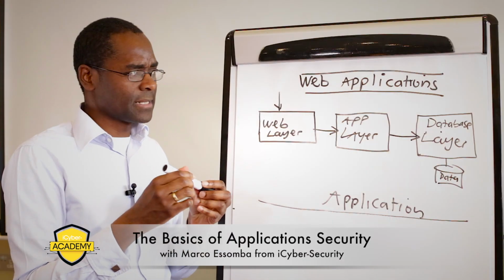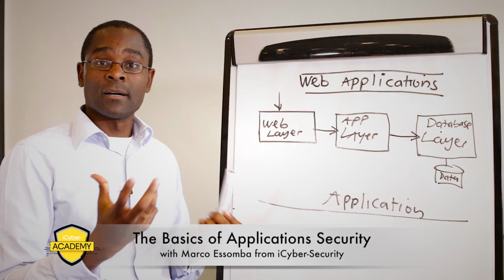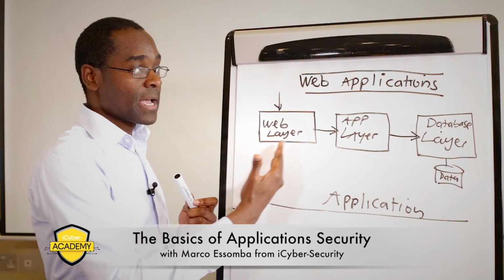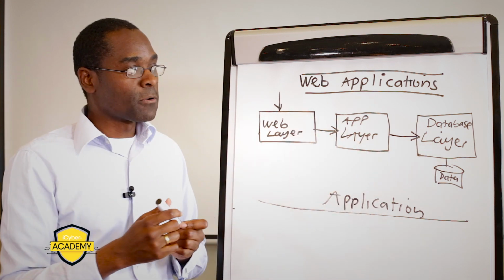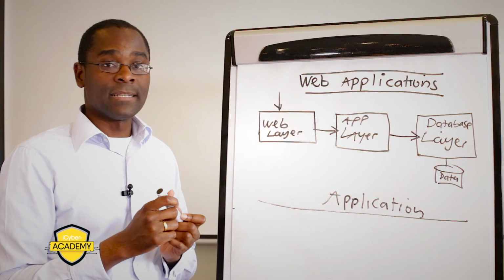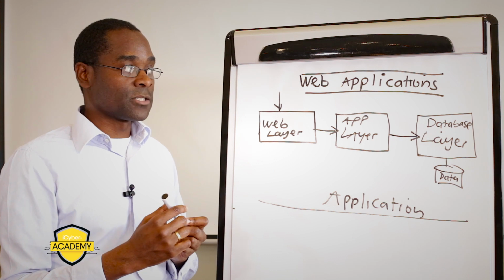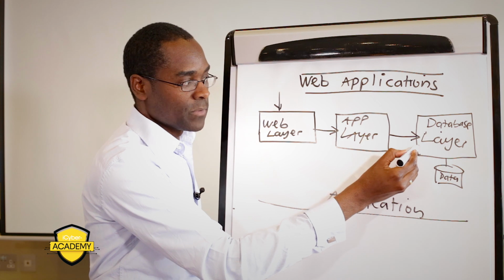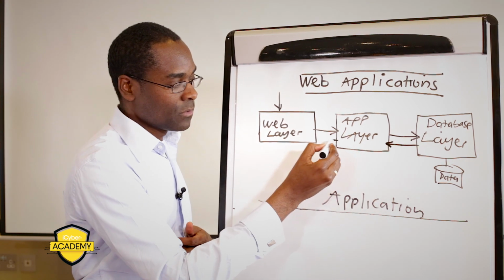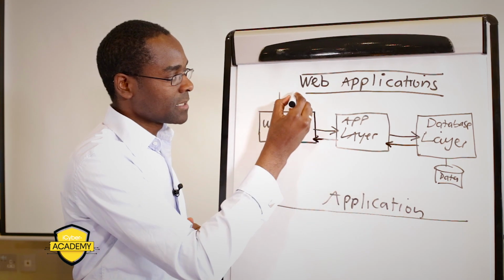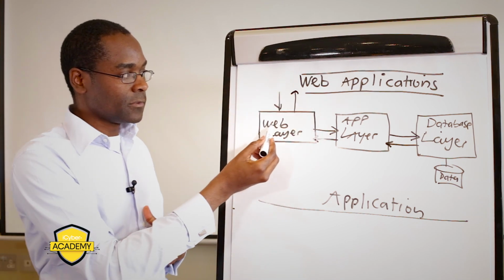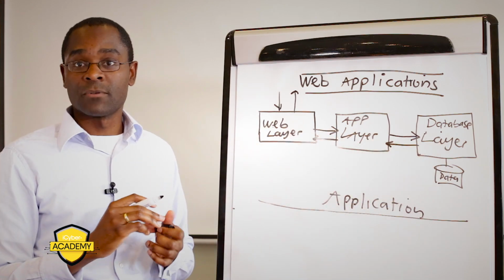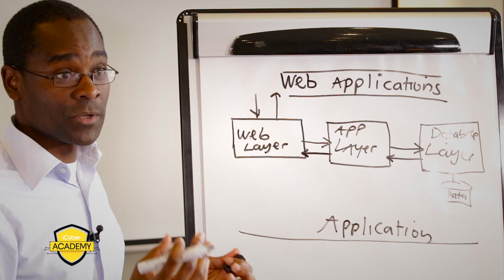So when you often hear about a specific website or a specific application being hacked, essentially someone has gone ahead and managed to compromise the application at the database level and has been able to extract information from that database. Okay, so this is what we need to go ahead and make sure we have the security in place, so that traffic flowing through the web layer, the app layer, and the database layer is totally protected at every single level. So how do we do that?